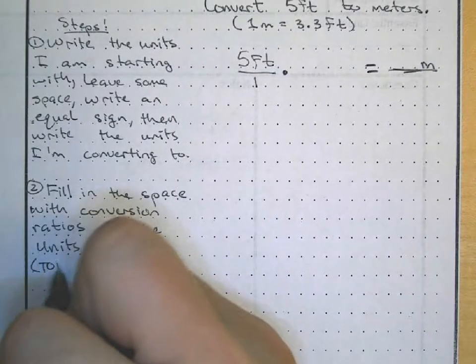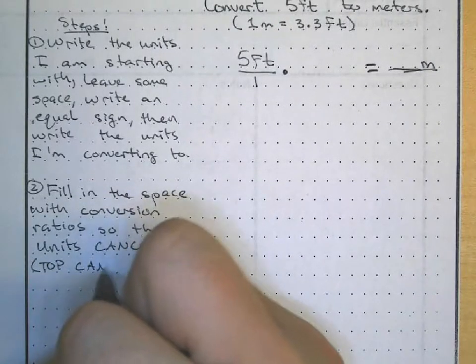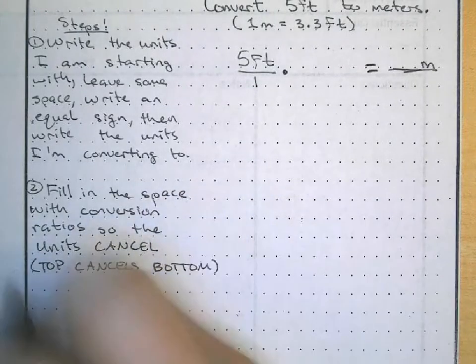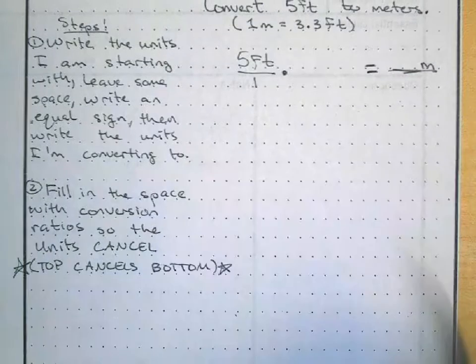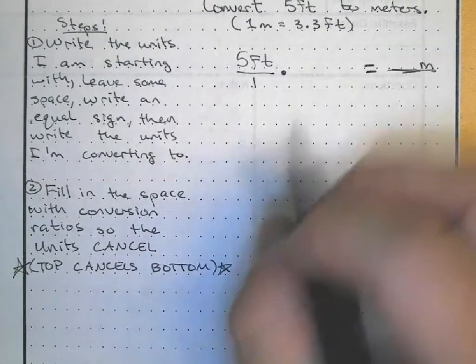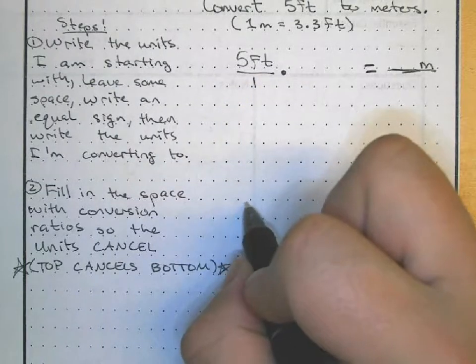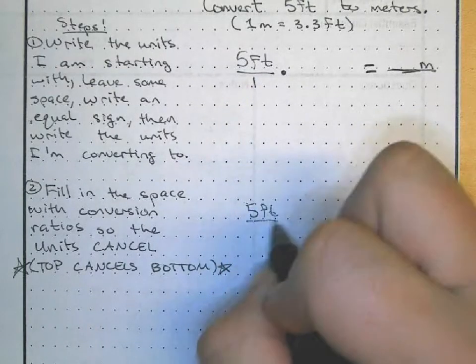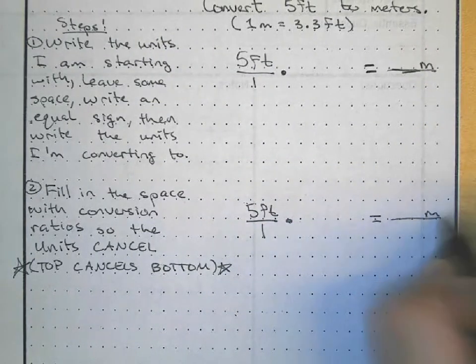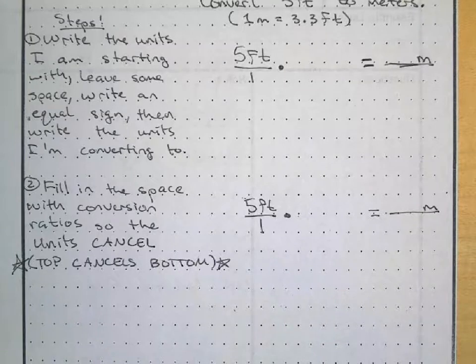And we have to remember that top cancels bottom. That's really important. That's how we're going to decide where our units go. So I'm going to bring everything down. I have my 5 feet over 1 times, bringing down my equal sign and what I'm converting to.